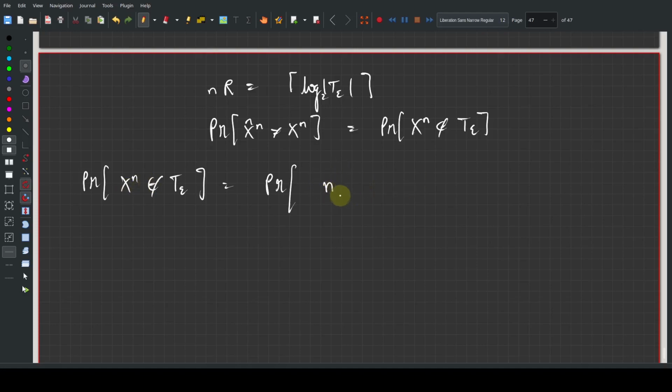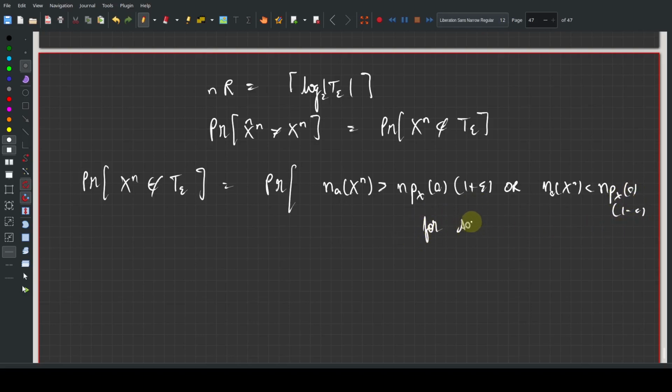Right? So N_a of x^n is either too large, so it's greater than n p_X(a) times (1 plus epsilon), or N_a of x^n is less than n p_X(a) times (1 minus epsilon), for some symbol a. Right?